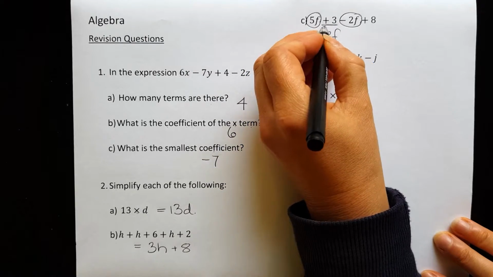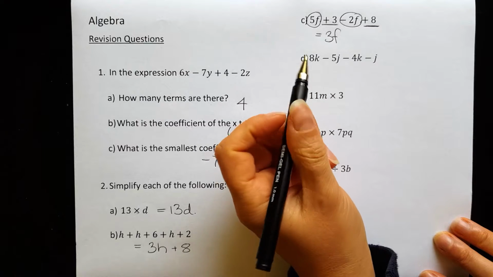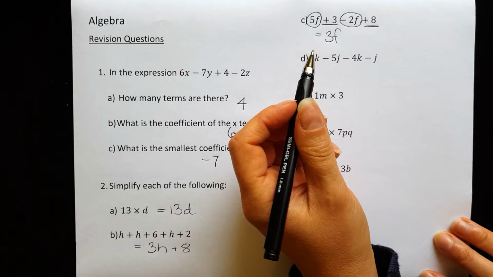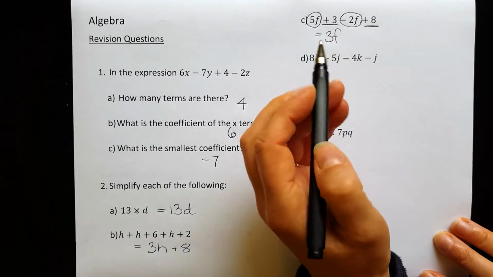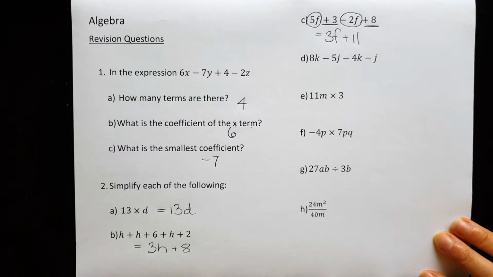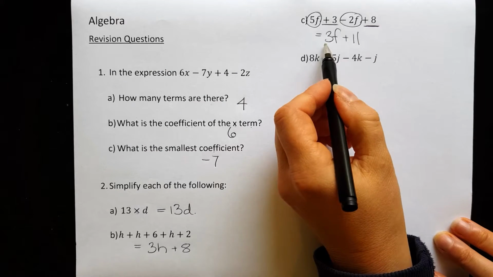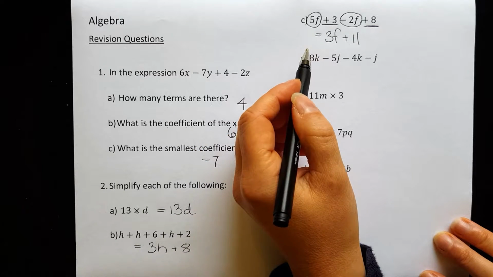Then the plus 3 and the 8, they have no letters with them, they're constants, and they are also like terms. So we would do 3 plus 8 makes a positive 11. It doesn't matter if you write this down as 11 plus 3f, that means the same thing.